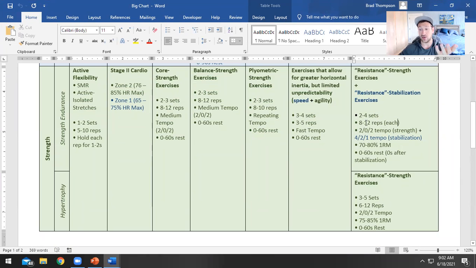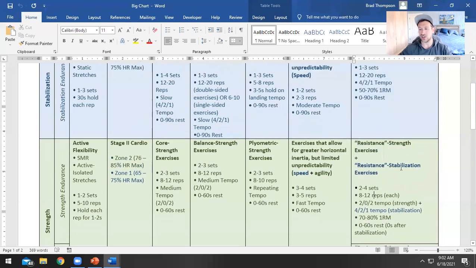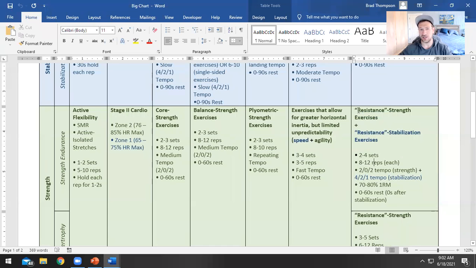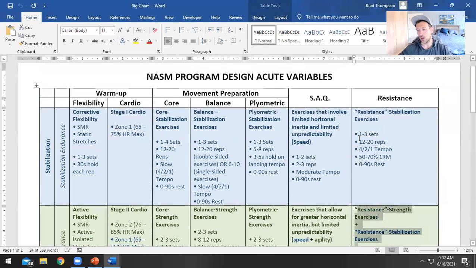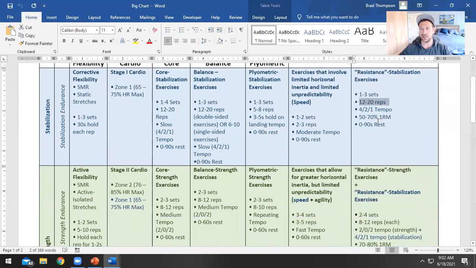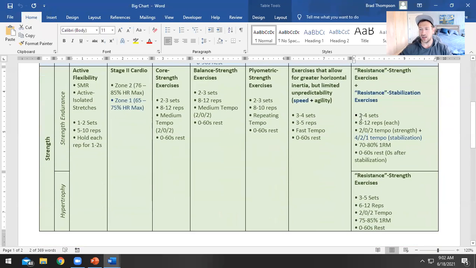So what that really means is you're doubling the number of reps that you're effectively doing. You're doing about 16 to 24 reps because you've done chest exercise A plus chest exercise B, right? So it's 8 for the first one and 8 for the second one. That's 16 reps total. So this is strength endurance, the highest repetition scheme that we are going to see on the OPT template. So 12 to 20 in the stabilization phase, 8 to 12 each in the strength endurance phase.